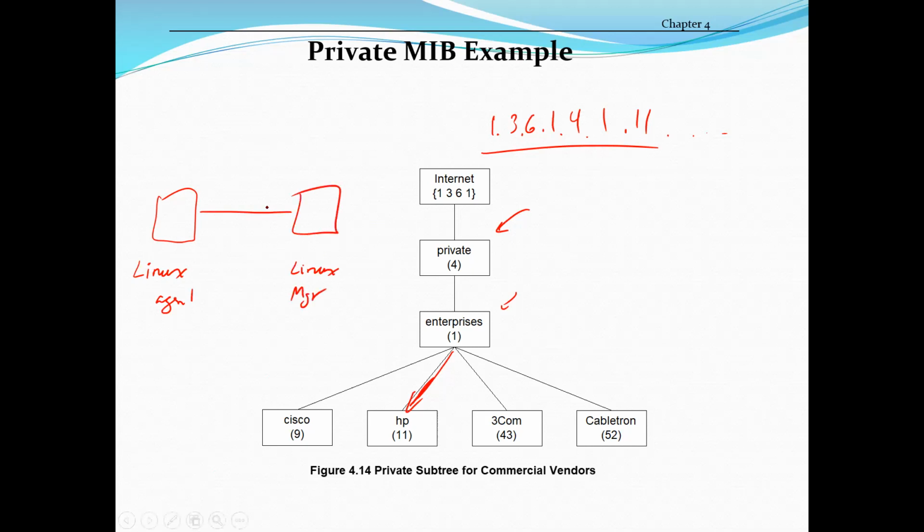If I want to query a specific device in that machine, I can just query it by the OID. As long as I have the full OID, I can query it.